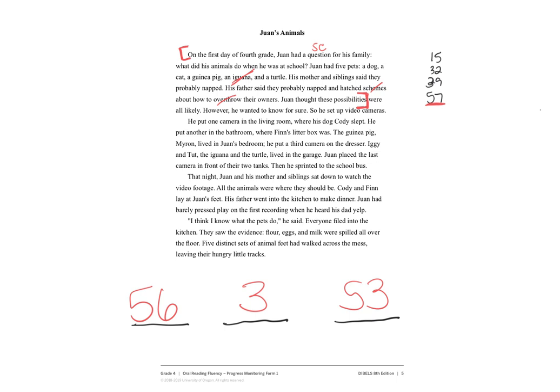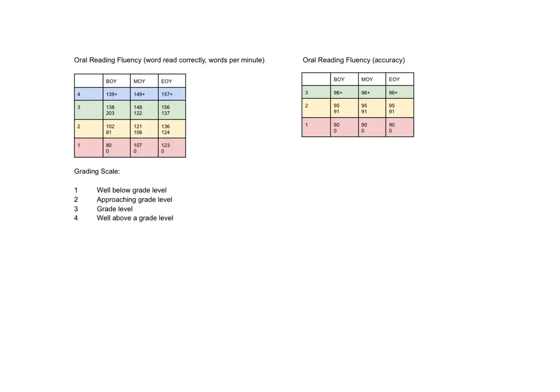So that's the 3-second rule. And then again, you're timing for 1 minute. So if my student Susie had read like this, I would take this 53 and go and put it on the scale to see what my student would get.